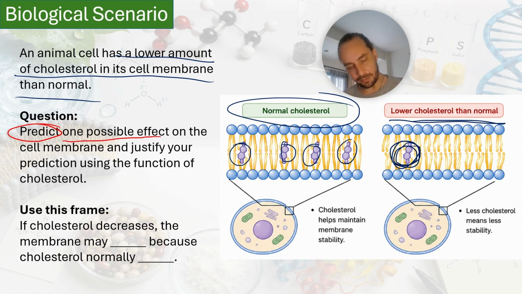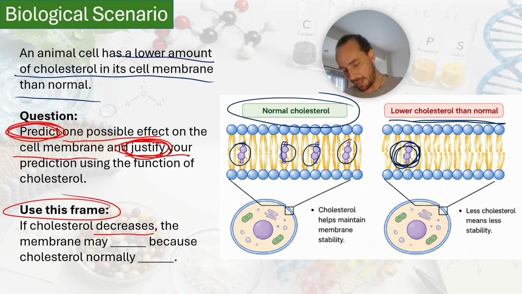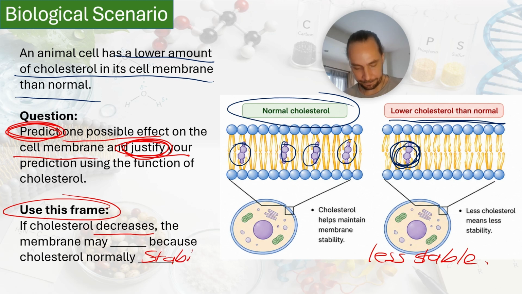Now, your prompt is to predict one possible effect on the cell membrane and justify your prediction. So predict and justify. You can use this frame. So if cholesterol decreases, the membrane may become less stable, because cholesterol normally provides stability.